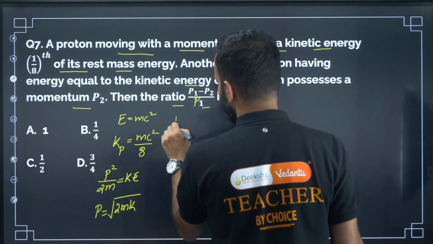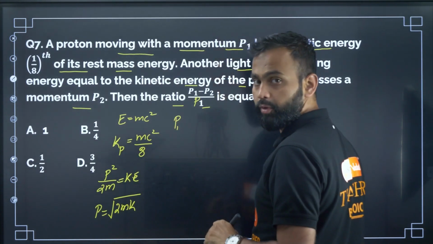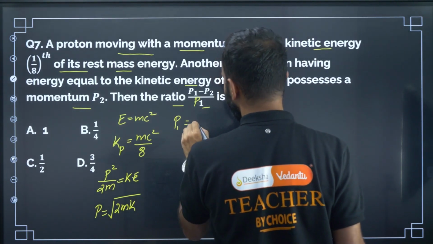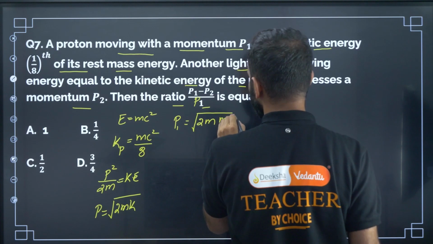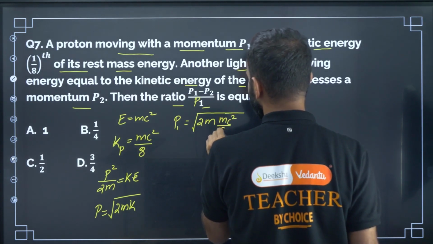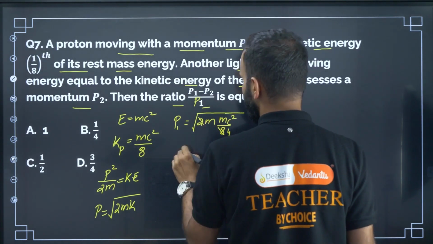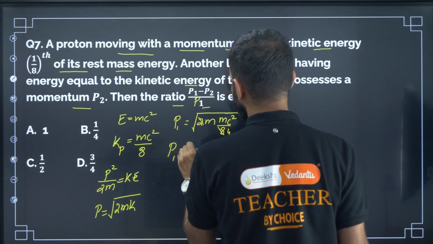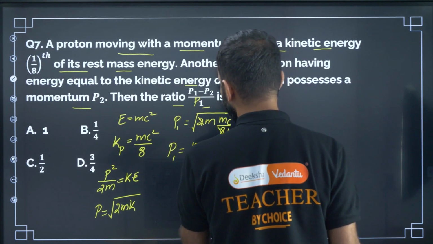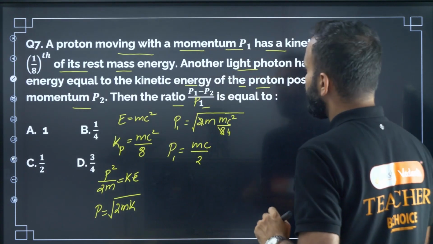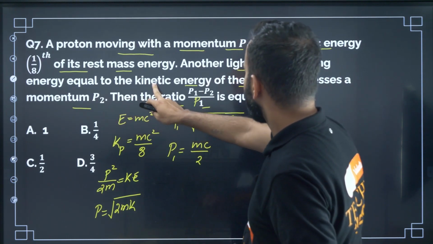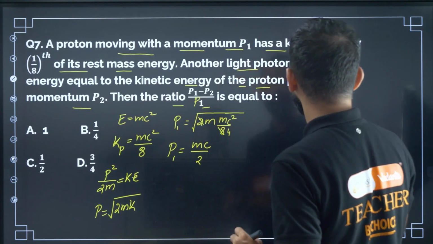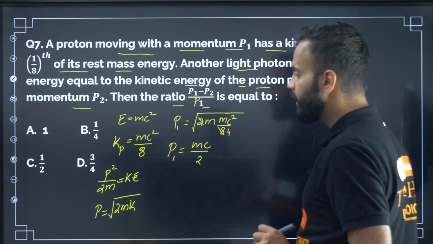So P1, the momentum of the proton, is equal to root of 2m into mc square divided by 8. 2 fours are 8, so P1 is equal to mc by 2.